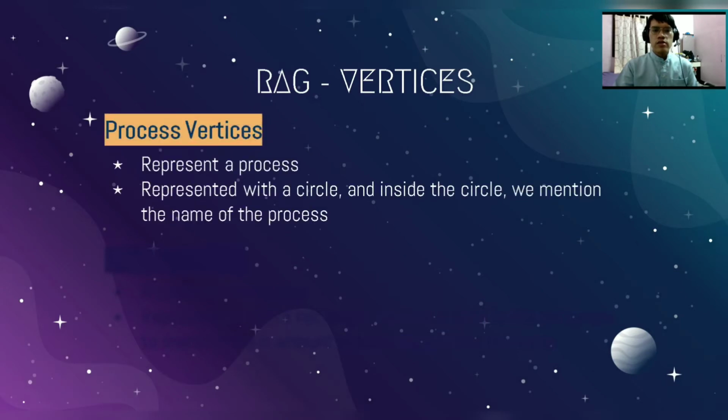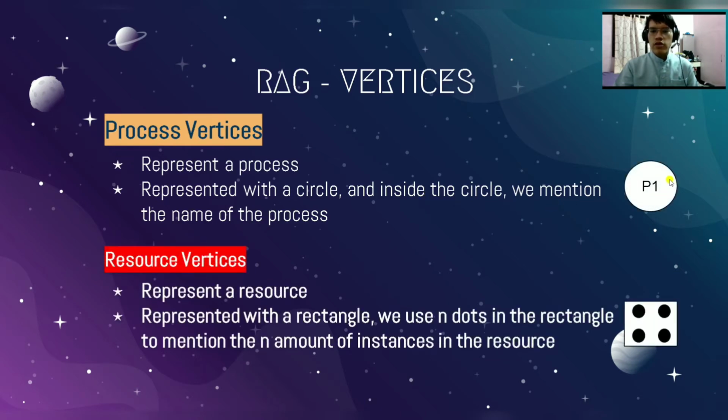Process vertices is a representation of a process in the system. It is represented by a circle, and inside the circle we mention the name of the process. For the example, we can see there is a circle with P1 inside, which means this is process P1.